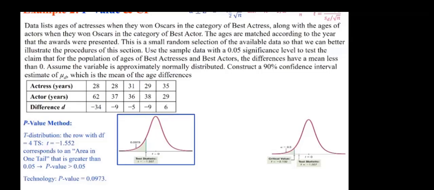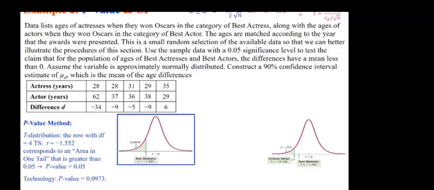And the test statistic is negative 1.557, and it corresponds to an area in one tail that is greater than 0.05. The p-value is not there. We can just tell that it is larger than 0.05, everybody, okay? The technology gives you 0.0973. In a moment, I will show you how we arrive at that using a table in case. But for now, let's stick with that, and let me show you the confidence interval.